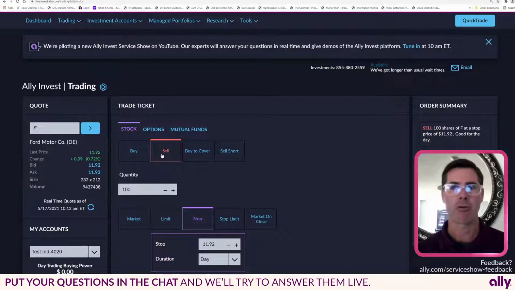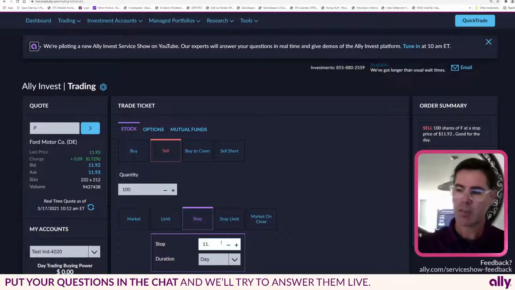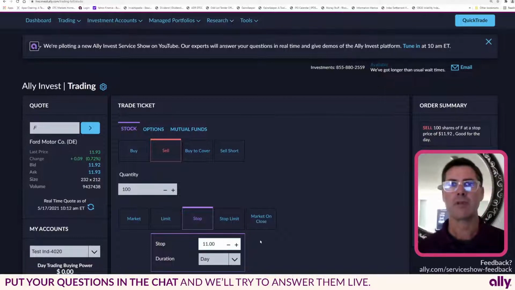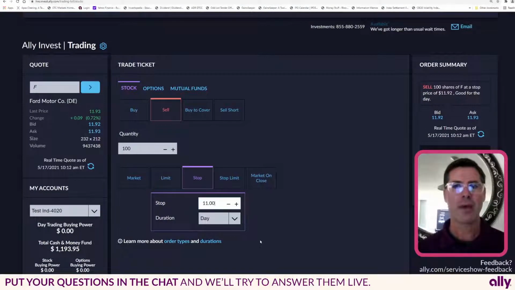And we might not be able to monitor the account, so we want to place a stop right now. So what we would do is put a stop in right here. We would be selling our Ford with a stop of $11. Now, what that means is if Ford goes to $11, you now have a market order.